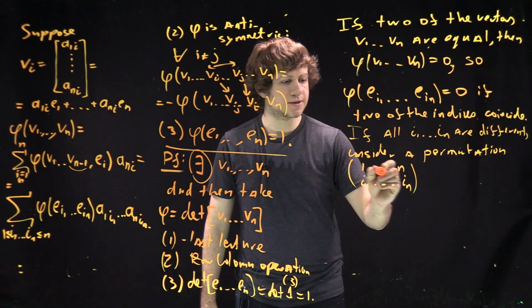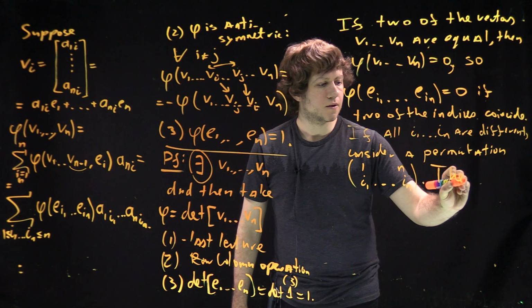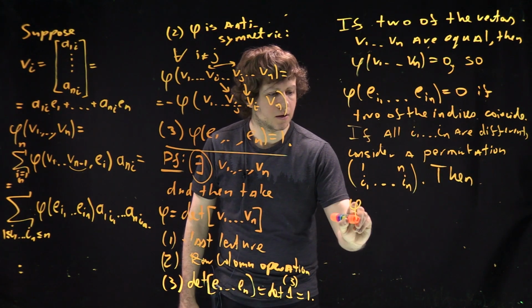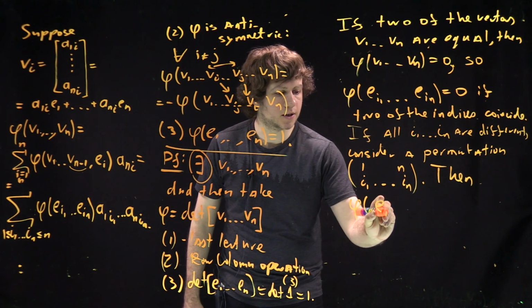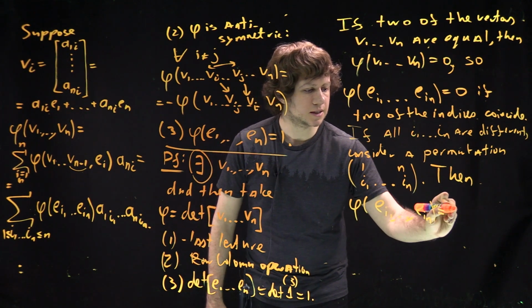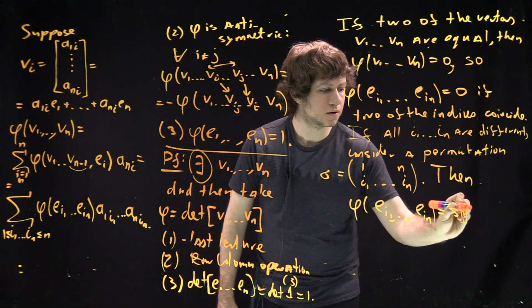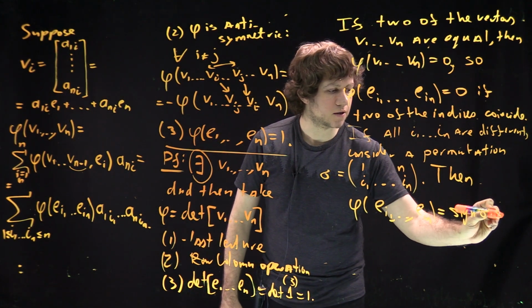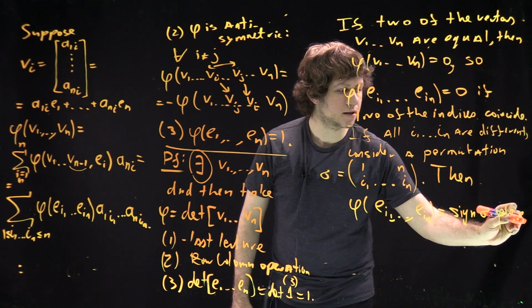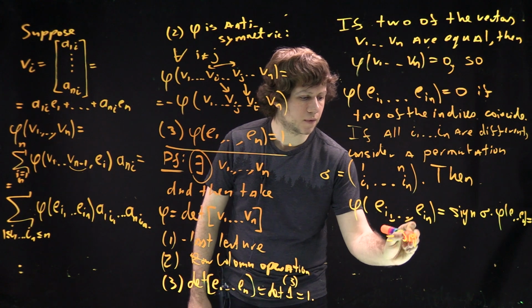And then phi of ei1 and so on ein equals the sign of sigma, as we call it, times phi of e1 to en, which is just the sign of sigma.